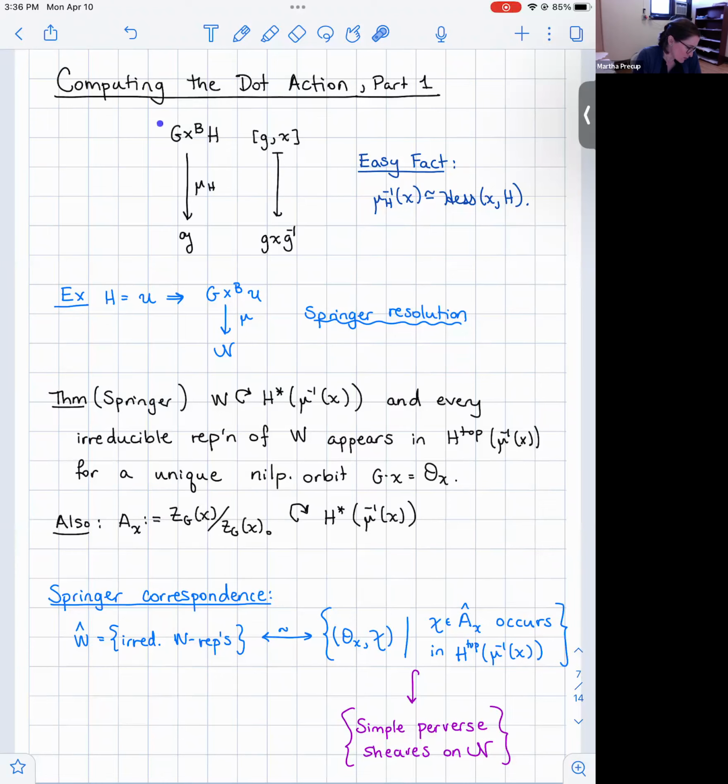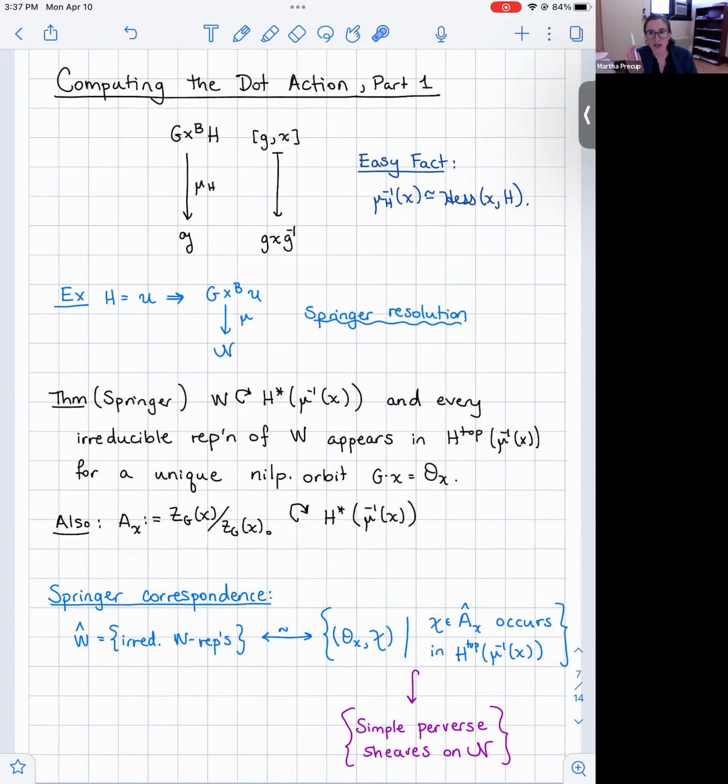So what do we do? Well, we focused on this particular morphism. We looked at this map from G cross B of H, this mixed space, down to G, which sends the pair (g, x) to g x g inverse. It's a pretty easy fact that if you fix an element X of the Lie algebra down here and look at the fiber over it, mu_H inverse of X, you get a variety that's isomorphic to a Hessenberg variety.